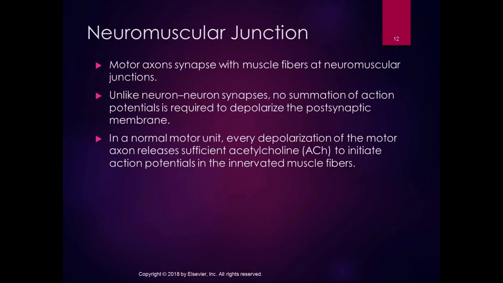In a motor unit, every depolarization of the motor axon releases enough acetylcholine to initiate action potentials in the innervated muscle fibers. So we want the neuromuscular junction always to be excitatory because we always want the muscles to contract when they get a signal.